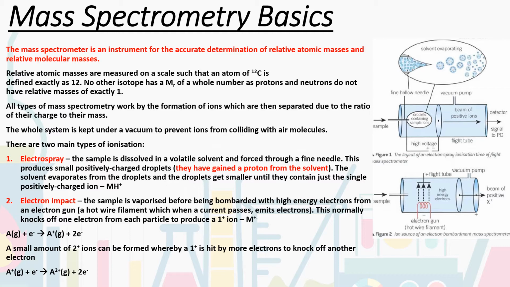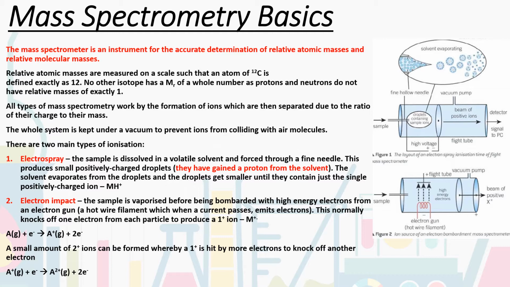The first is called electrospray. So this is where we have a chemical sample and we dissolve it in a volatile solvent. Volatile simply means that it evaporates quickly, and it is forced through a fine needle. Now what this does is it produces small, positively charged droplets, and they've gained a proton from the solvent.